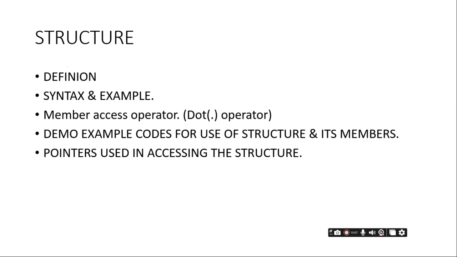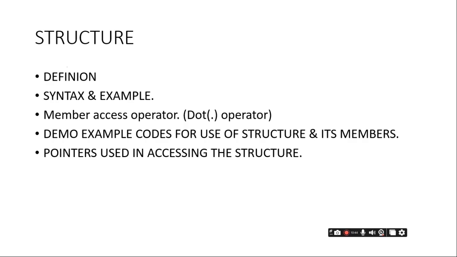Now, structure helps to create a user defined data type newly with the help of primitive or basic data types, by including a number of variables, a number of elements under one name, which starts with the keyword struct. So its syntax and example can be asked for 2 to 4 marks as well. Definition can be asked for 2 marks.